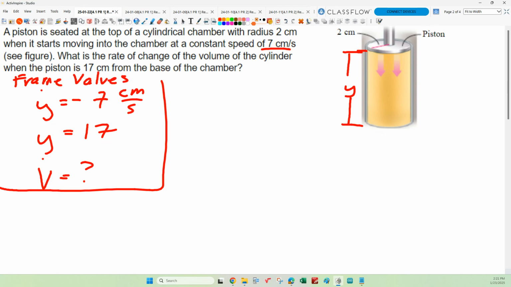So now what do we need to do? Yeah, we need a parent equation. So what variables does it need to relate? V and Y, yeah. And what do we got here? It looks like, what do you think our volume is going to come from? Cylinder, right? Right circular cylinder. It's this cylinder, this yellow cylinder of air or just vacuum or whatever it is, right?